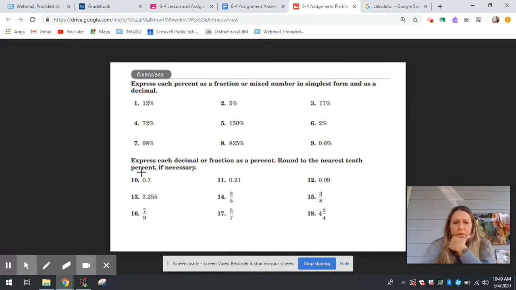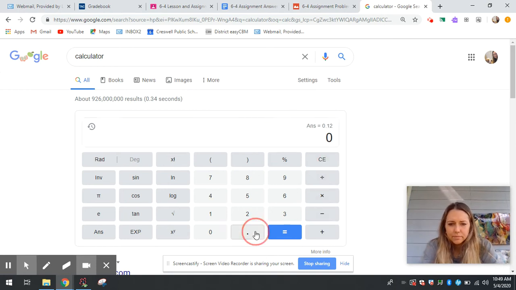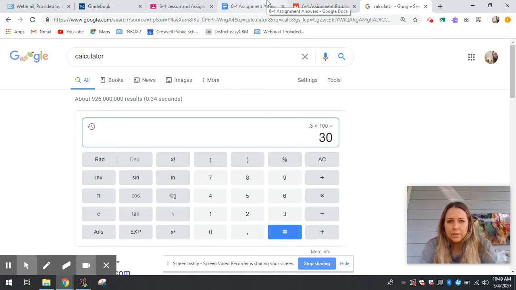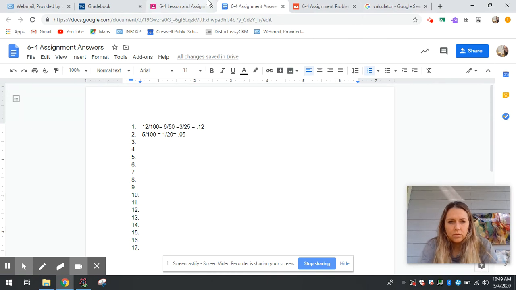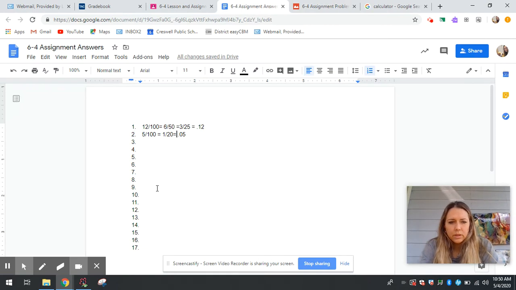The next instructions that you have are to express each decimal or fraction as a percent. Round to the nearest percent, or tenth of a percent if necessary. So remember, percents are out of 100. So I have 0.3. Remember the instructions say you can just multiply it by 100 in your calculator. You get 30%. So what problem is that? 10. So I go to 10 and type 30%.